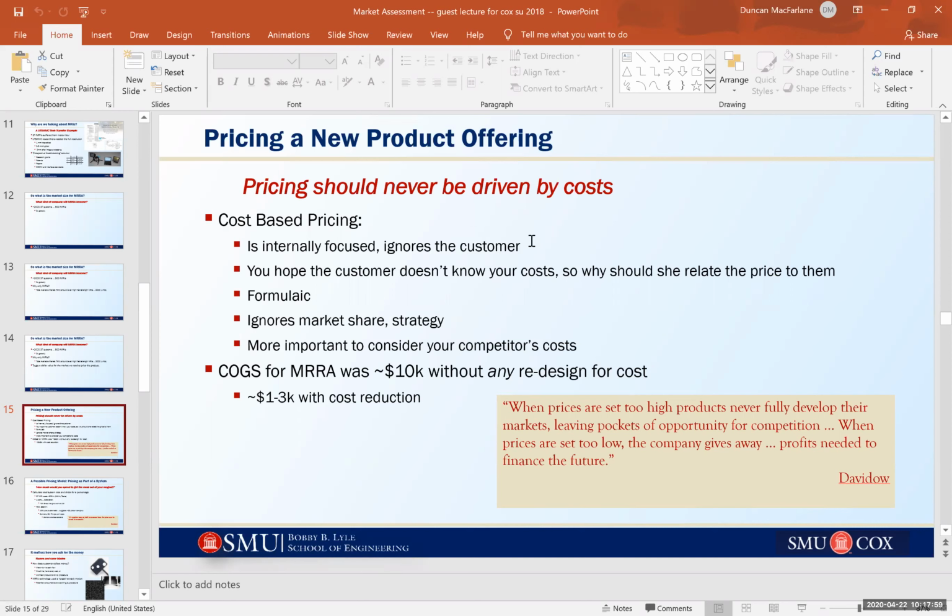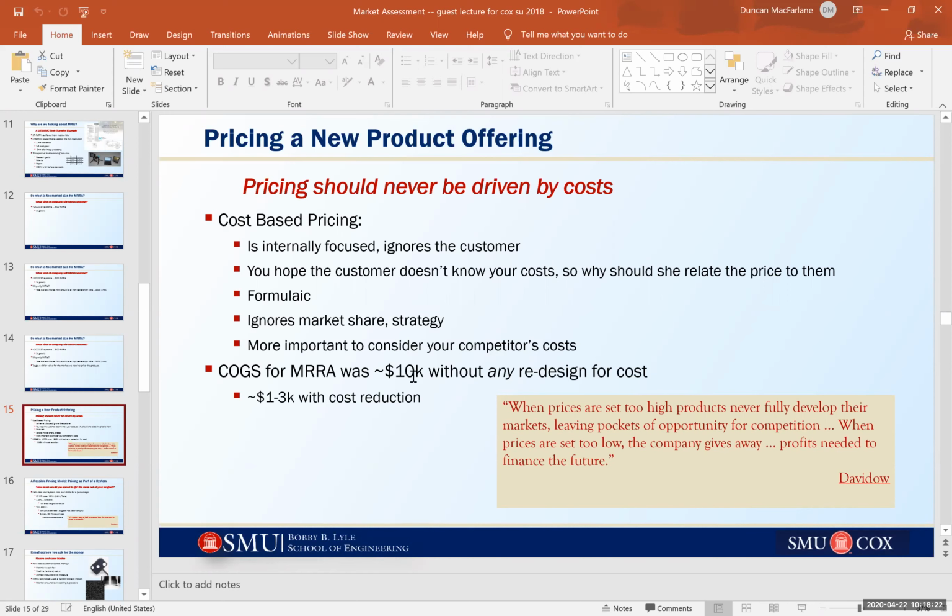If I can't deliver that value proposition to the customer, then the customer doesn't care what my costs are. They only care about what it costs them. It's trite, it's formulaic, it doesn't really help. It ignores strategies, and ignores your competitors' costs.